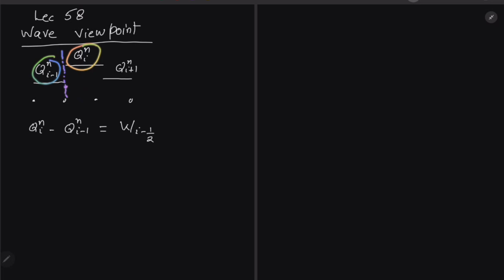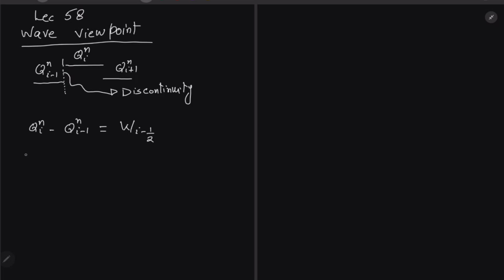This may not be a grid point; the grid point will be somewhere else. So we have this flux at this point, at this entrance, you may say. That entrance is a discontinuity. This discontinuity can be identified simply by taking the difference of Q_i^n and Q_{i-1}^n.